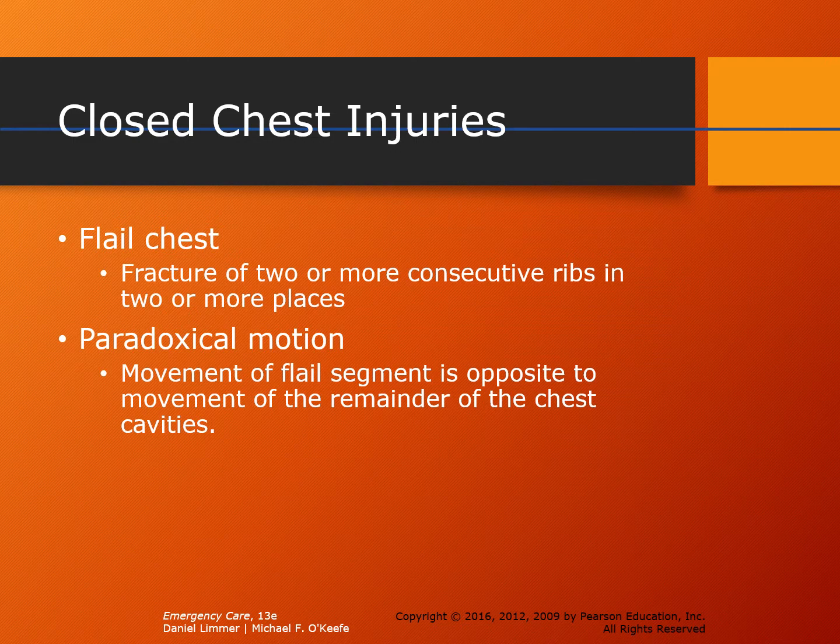Now, we've already talked about these two phrases, but I do want to bring them up again. So let's go ahead and take a look at these. A flail chest is anytime that we have a fracture of two or more consecutive ribs in two or more places. These consecutive ribs need to really be separated in a way that the integrity of the rib cage is actually interrupted.